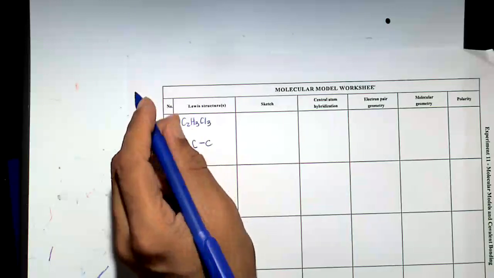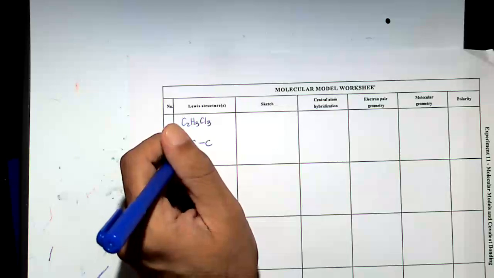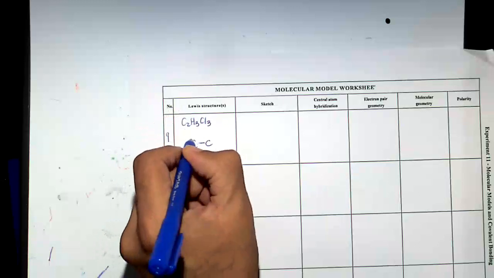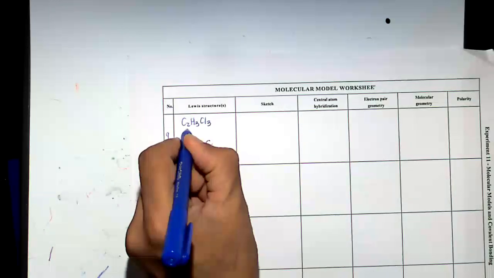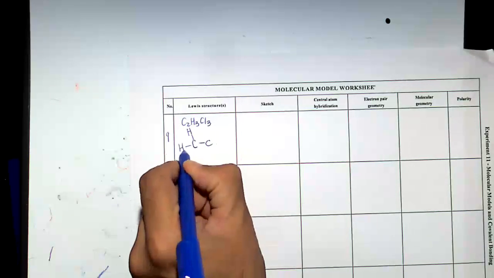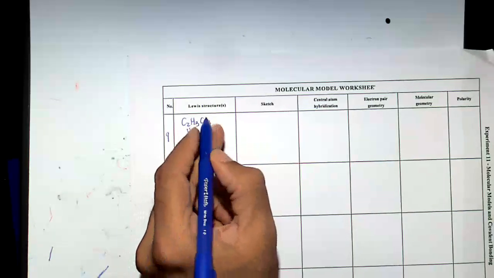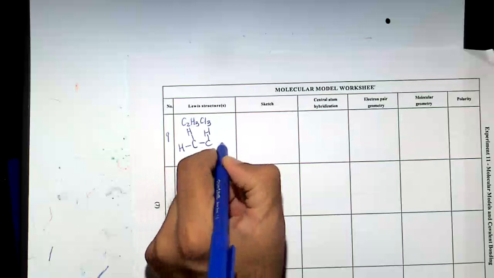You got this carbon with the carbon, that's correct. Where will the 3 H's go? Here's 1 H. Where would another H go? Okay, we could have an H go on this carbon. That's fine. What about a Cl?